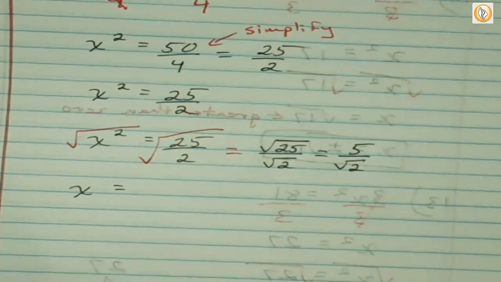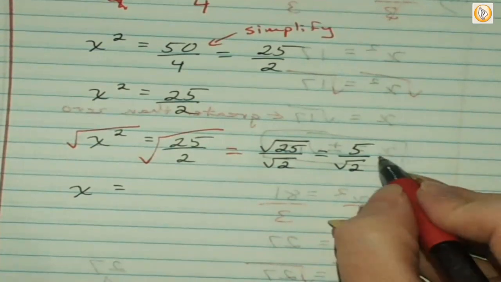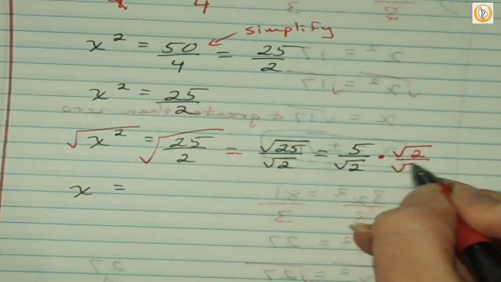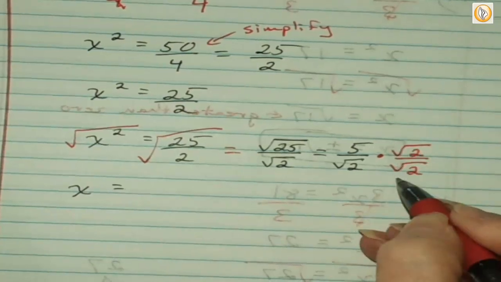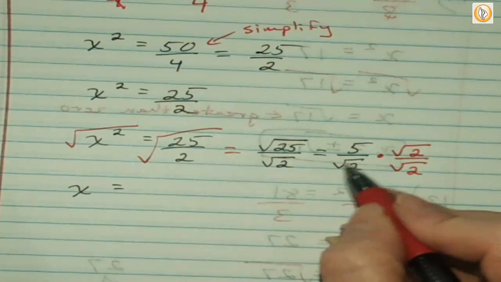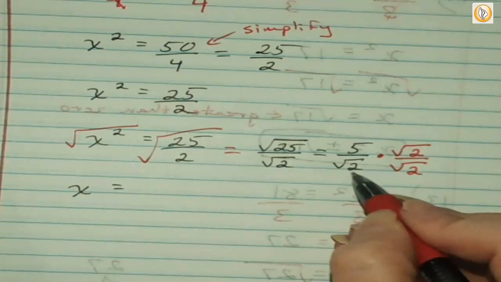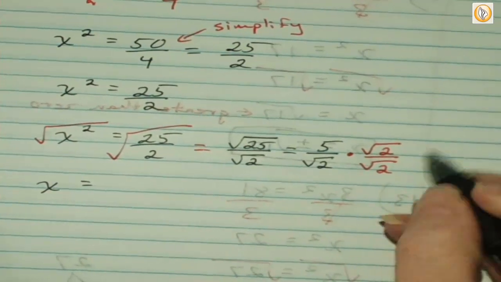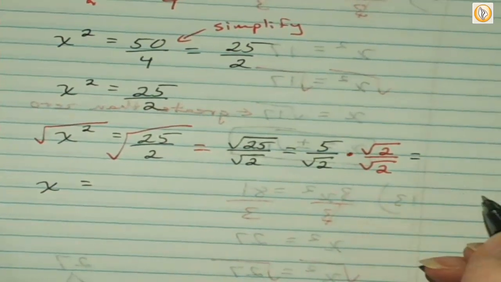Now what do I do? We have to multiply the top and the bottom by the square root of 2, because we can't have a square root on the bottom, right? So then what do you get?